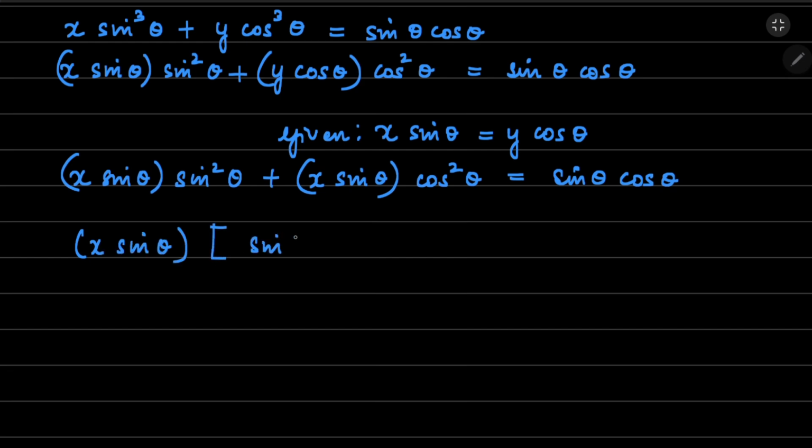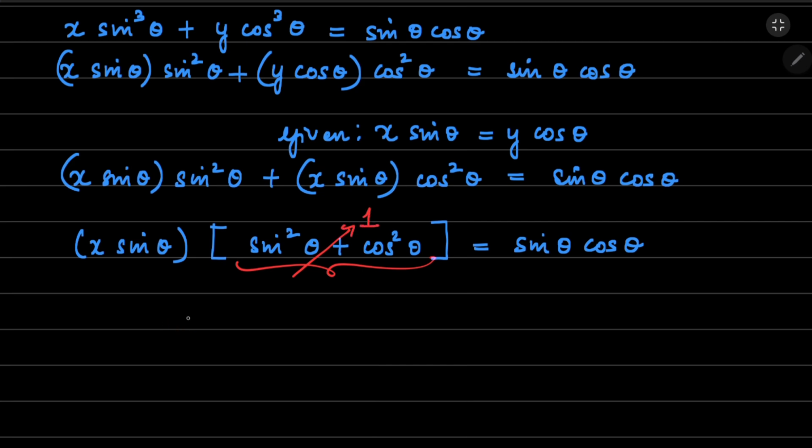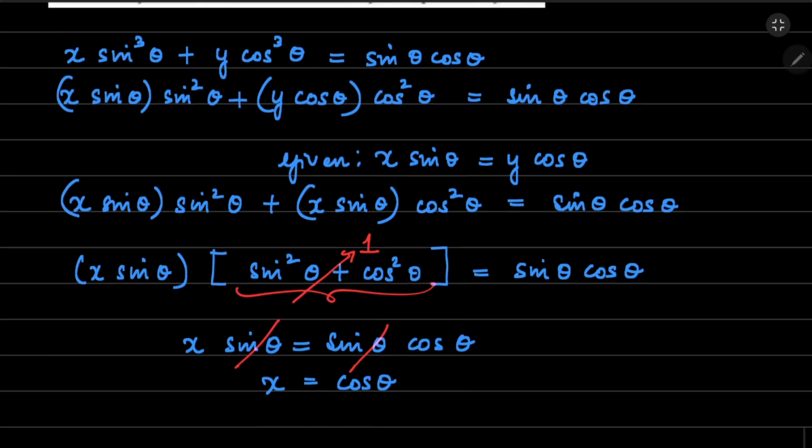What will remain inside is sine square theta plus cos square theta. Now, you know sine square theta plus cos square theta is equal to 1. Therefore, you can write x sine theta is equal to sine theta into cos theta. This sine theta will get cancelled. So, therefore, x is equal to cos theta.